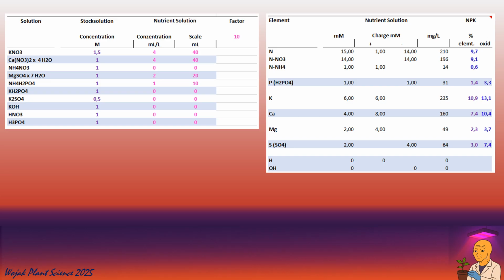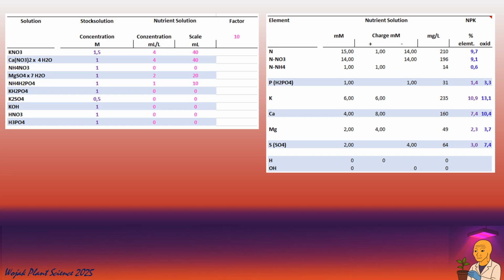So now, of course, our calculator adds up. Please focus first on that column with millimole. So what we have here is, you see, we have nitrate in this, okay? So we have a 1.5 molar concentration times 4 makes 6, right?